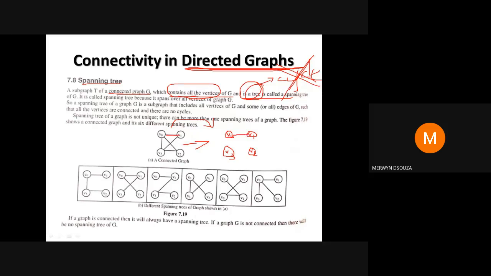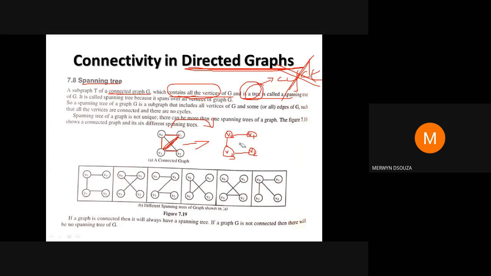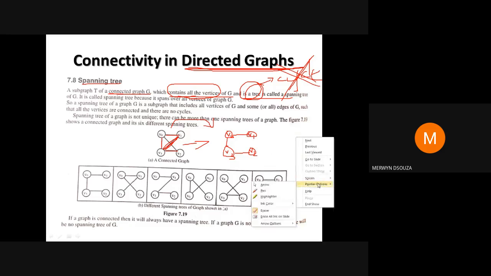I put it here, it is not forming a cycle. Next I take this edge, I put it here, not forming a cycle. Next I take this edge, I put it here, not forming a cycle. Now I try to take this edge. If I put it here, it forms a cycle. So I do not put this edge because it forms a cycle.